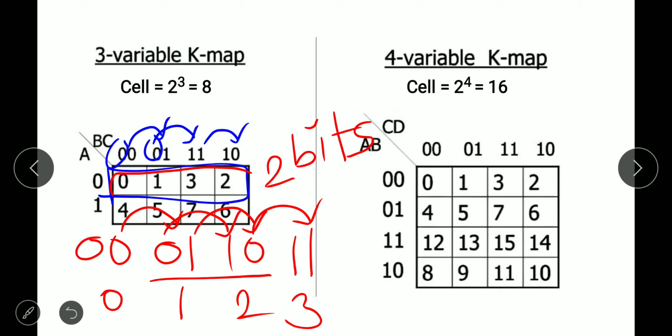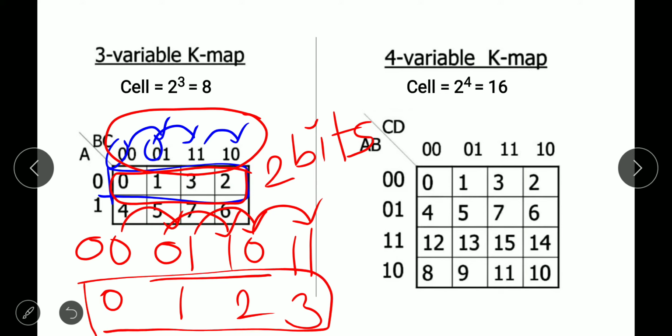This sequence is right, that is 0 1 3 2, because in each column only 1 bit is changed. If you write it as 0 1 2 3, then in the second and third columns 2 bits are changed, which is not possible, so we don't take it.